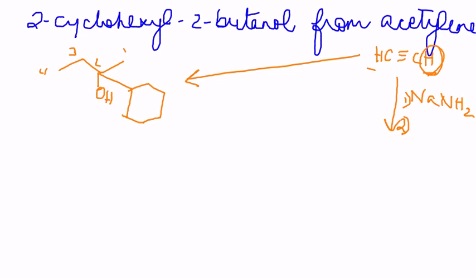So ethyne is going to essentially give you sodium acetylide. Let me draw that. HC, same carbon. It doesn't matter, it's symmetrical, but it's a good idea to use the same carbon so you can follow along the number of carbons, 1 and 2.